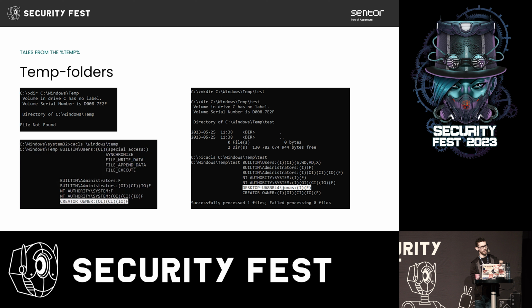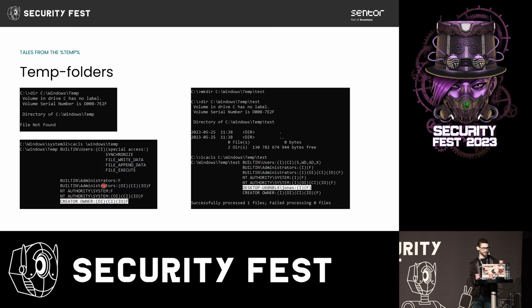So this is how it looks. In this little screenshot, I'm a standard user trying to list C:\Windows\Temp. This is the access control list. You can clearly see that the creator owner has full permissions that are inherited to subfolders. The local users group has write access that is also inherited.